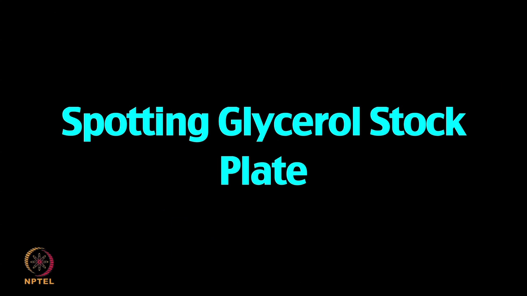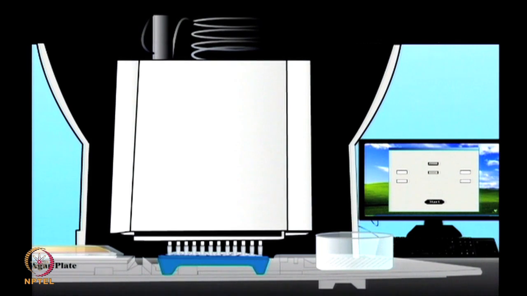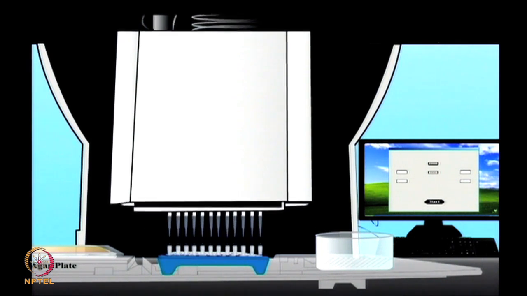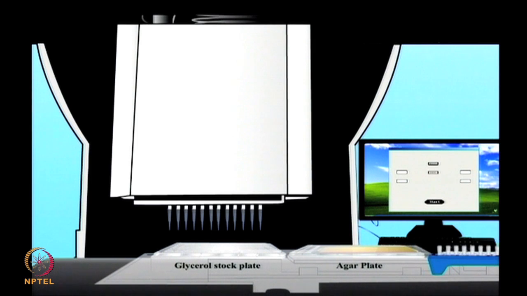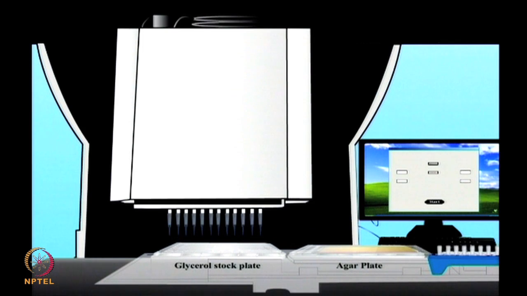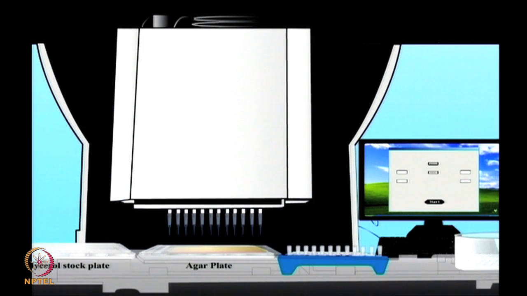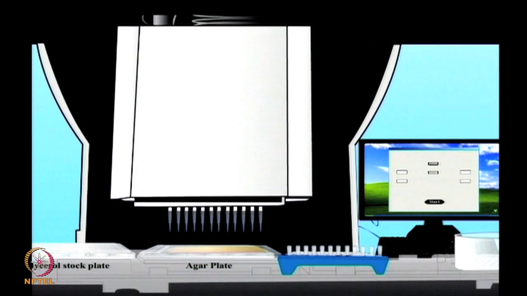After the cloning is done, perform the spotting of the glycerol stock on the LB agar plate. So, transfer the bacteria from the glycerol stocks to an LB agar plate that contains the appropriate antibiotic. You can do that either using multi-channel pipettors or using liquid handling systems.